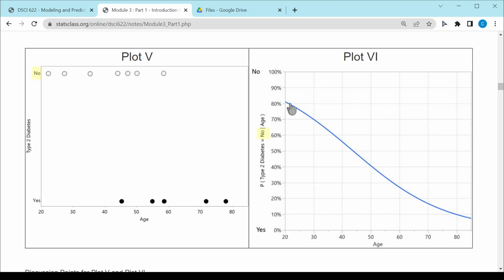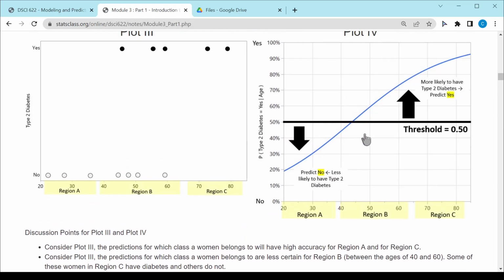And my predicted probabilities are going to decrease as I increase age now. So again, what the y-axis here is, is the chance that they do not have diabetes. Well, that chance is going to decrease as somebody gets older. So this is just kind of the opposite of the curves that we had up here.